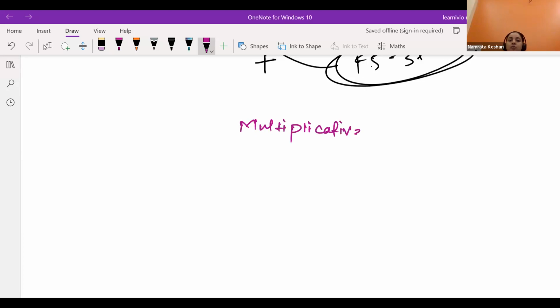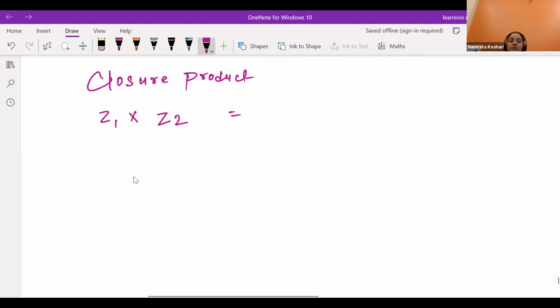When you take one complex number and multiply it with another complex number, the result will still be a complex number. That is the closure property. Okay, let's continue.